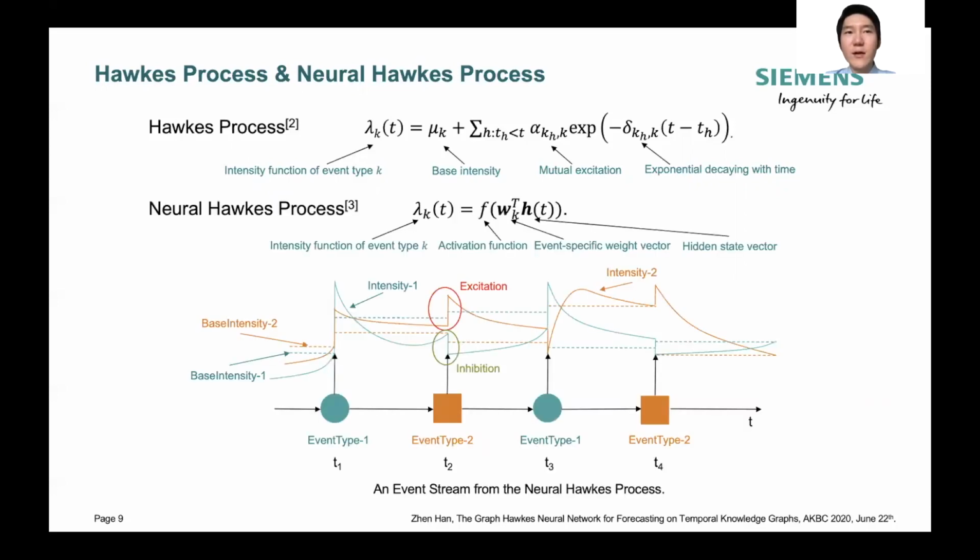Mei and Eisner generalized the Hawkes process by using a recurrent neural network to predict the intensity function, called the neural Hawkes process. In the neural Hawkes process, an intensity function jumps discontinuously at each new event and then drifts toward a base intensity. And occurrent events can not only raise but also reduce the intensities.